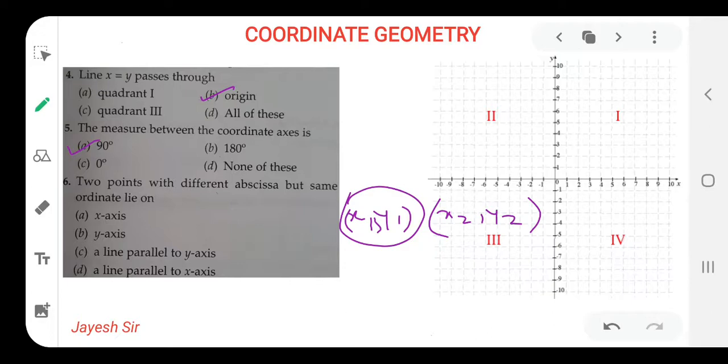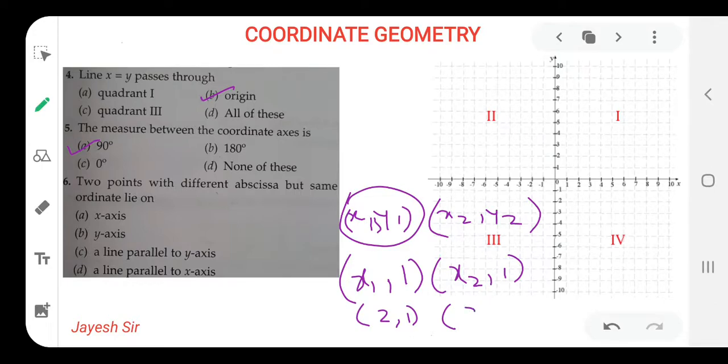The values of x1 and x2 vary, so we take y1 as 1 and y2 also as 1. Let us take x1 as 2 and x2 as 3, with y the same. Now let us place it on the Cartesian coordinate system and see what type of image we are getting.